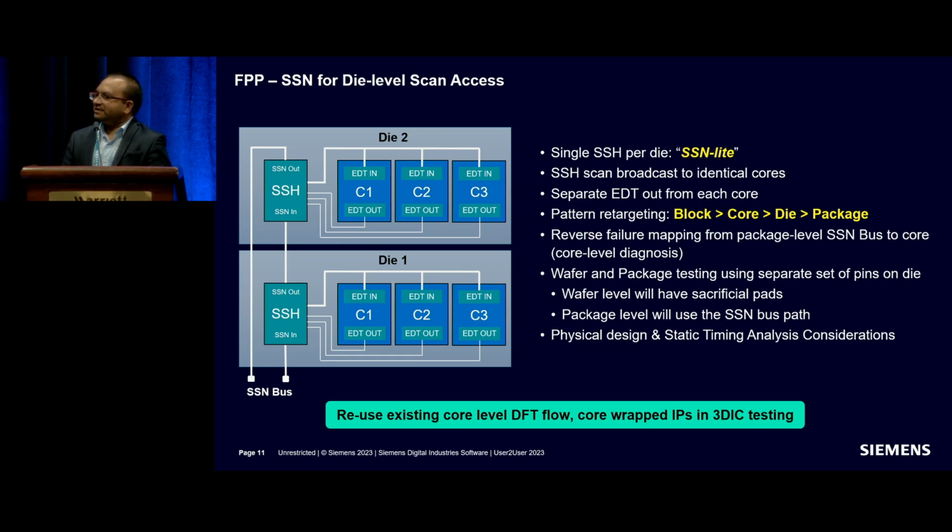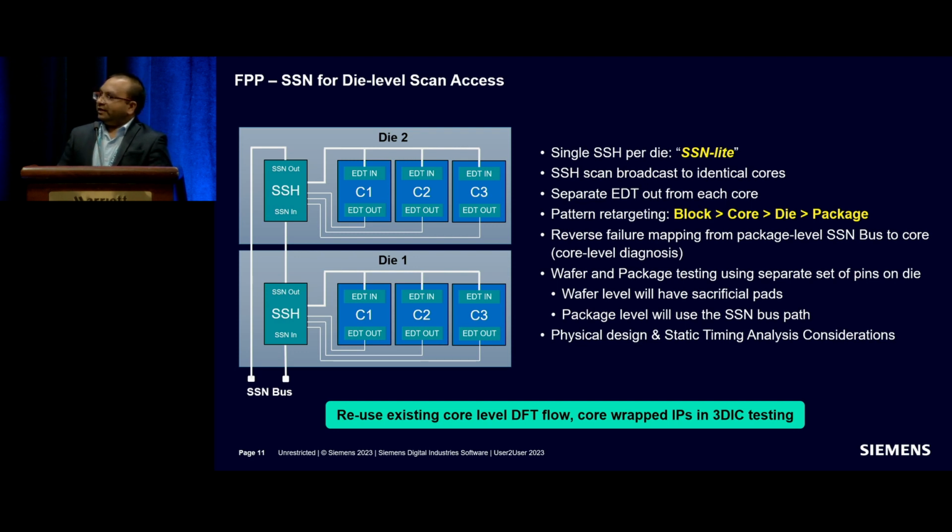What happens here is there is an SSN bus that goes from the package level to the bottom die and to the top die, but the rest of the design is still based on the traditional EDT based compression. So we are not going with the full SSN based solution for the whole design. SSN is still used for die to die data transfer here.